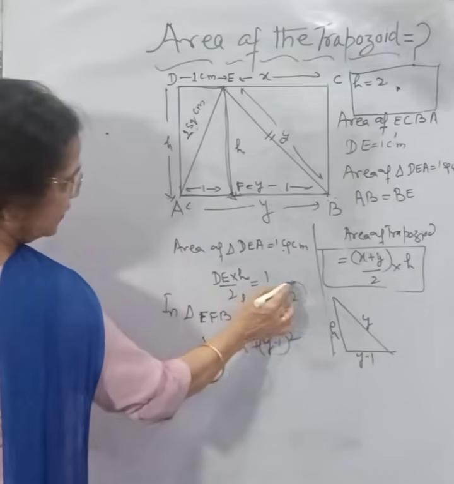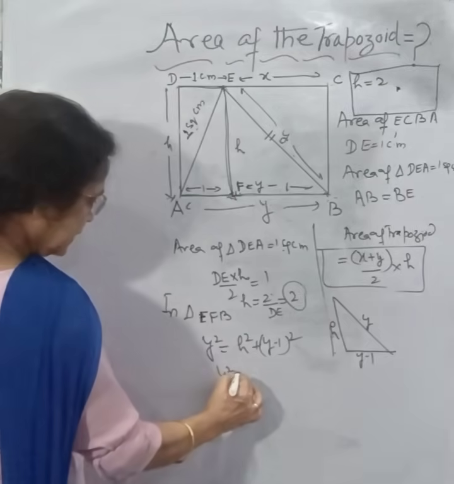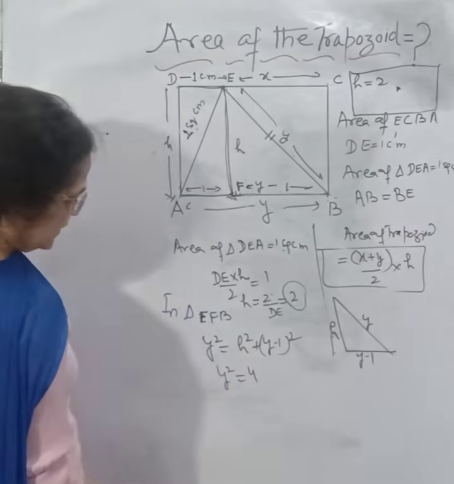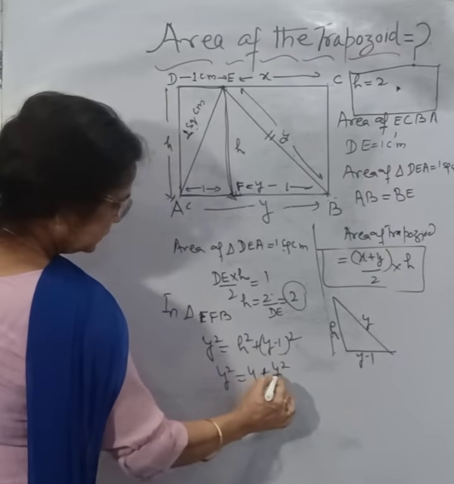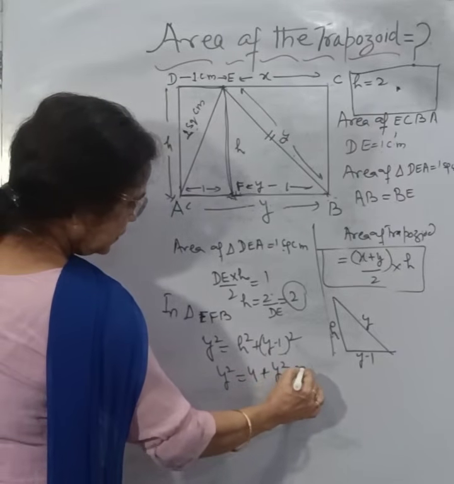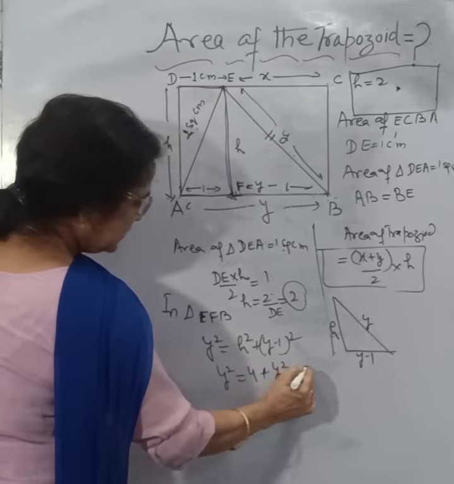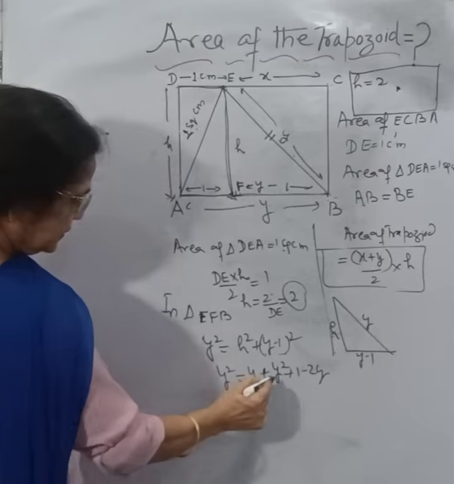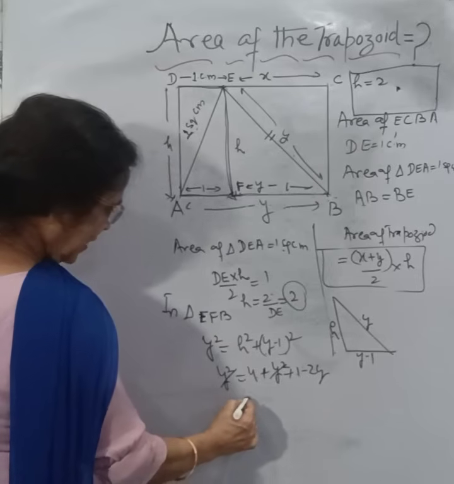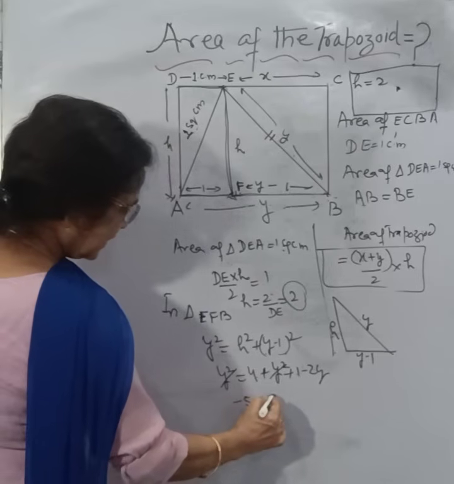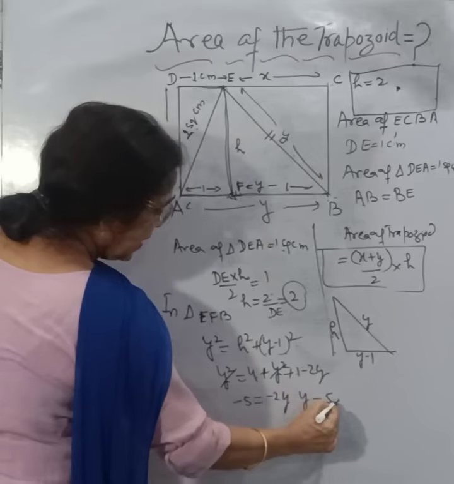H square we have already calculated as 2 square, that is 4. So Y square is equal to 4 plus, opening this, Y square plus 1 minus 2Y. The Y square cancels, and 4 plus 1 is 5. Minus 5 is equal to minus 2Y, or we can say Y is equal to 5 by 2.